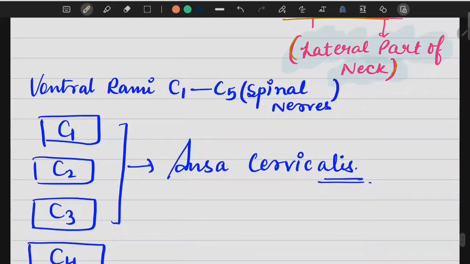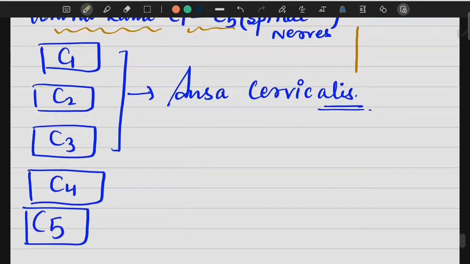Moving ahead, before we go to Ansa cervicalis, there is one thing you need to know about the ventral rami, C1 to C5 of the spinal nerves. So basically, the spinal nerves that go into the back region are going to have certain ventral rami, like C1, C2, C3, C4 and C5. Now these ventral rami are going to provide nervous supply.